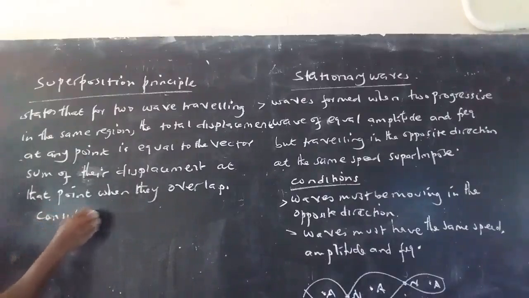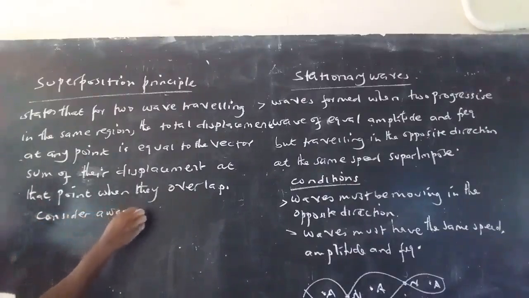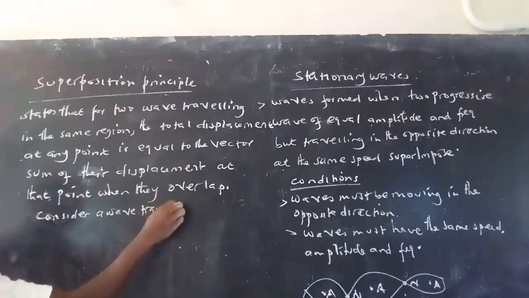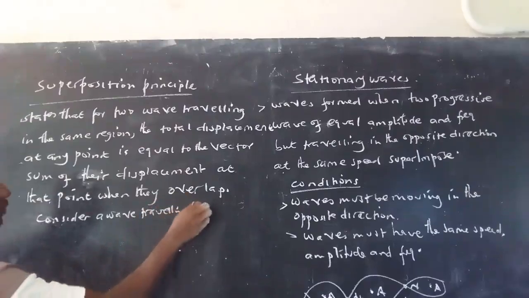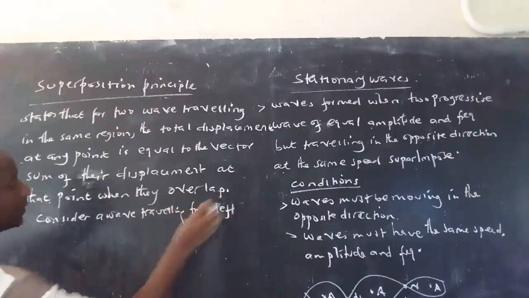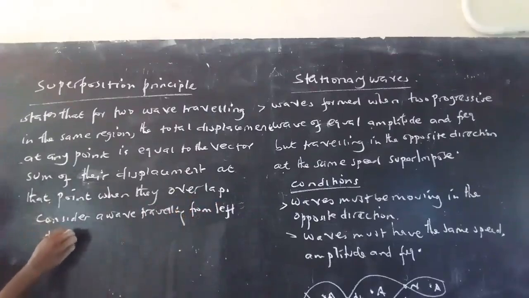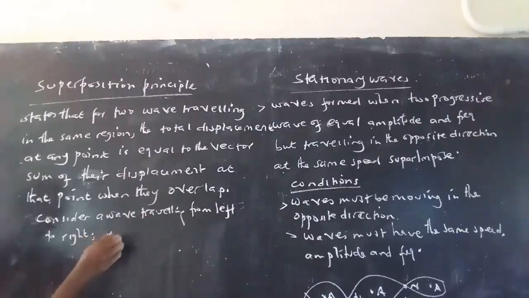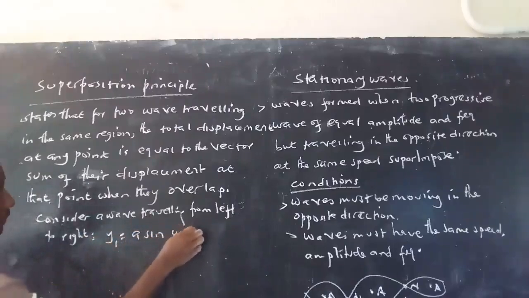Consider a wave traveling from left to right: y1 is equal to A sin(omega t minus phi).